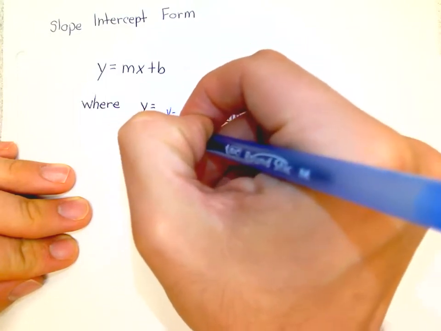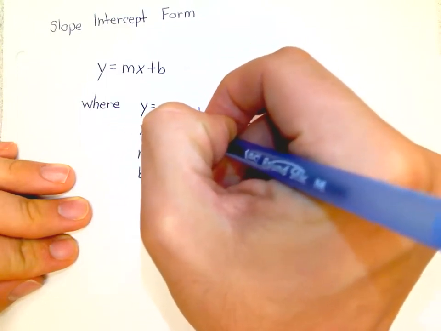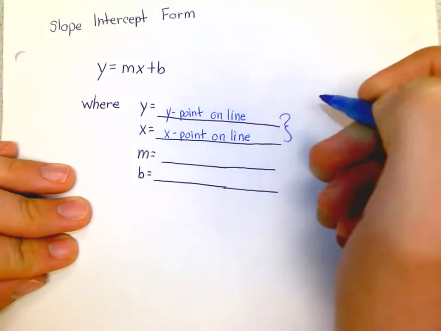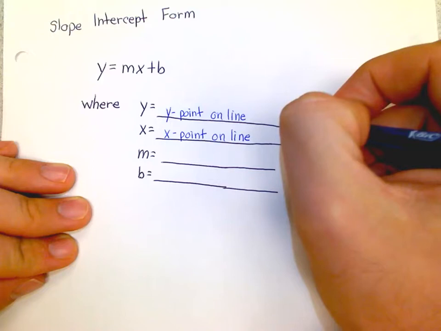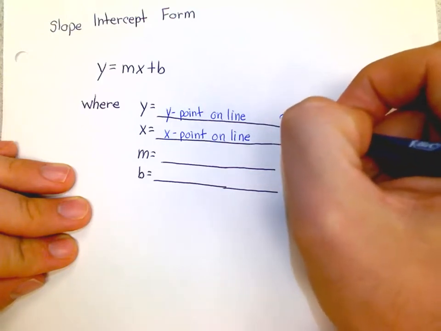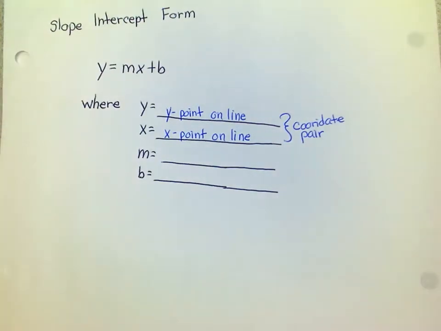X is the x point on a line. Together, these make a coordinate pair that you can graph on the four-quadrant plane.